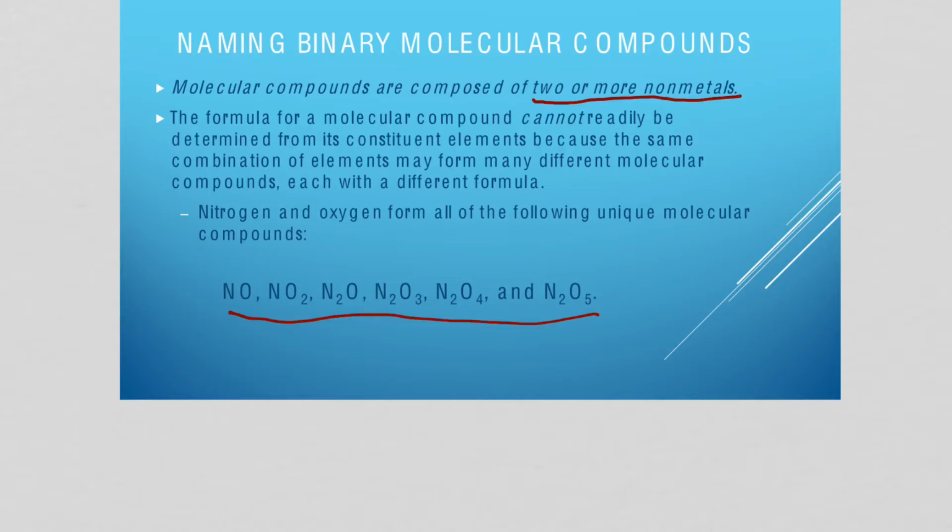Before we do that, one other thing I want to talk about is a question that sometimes comes up: why do we write the elements in the order that we write them in a molecular compound?